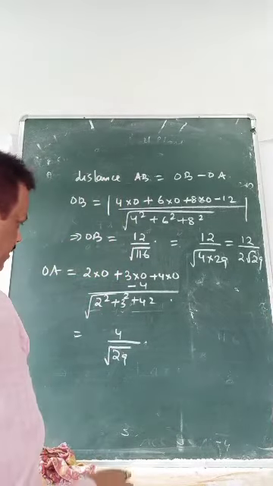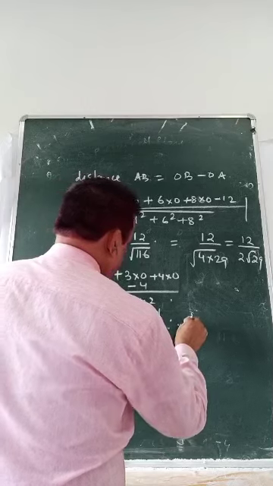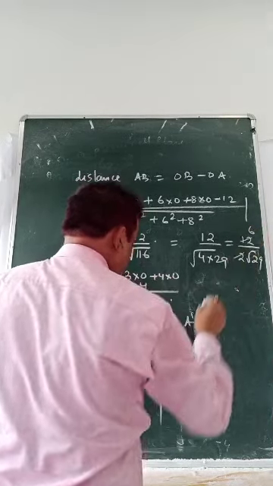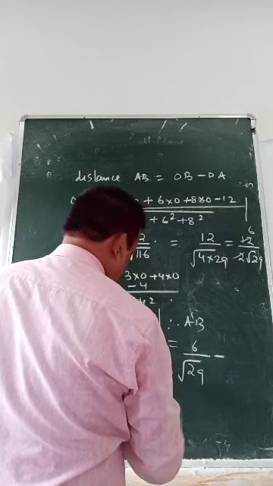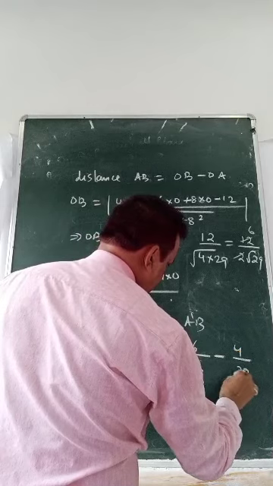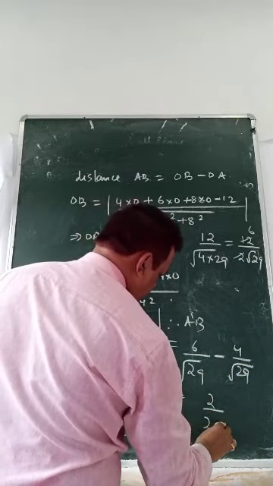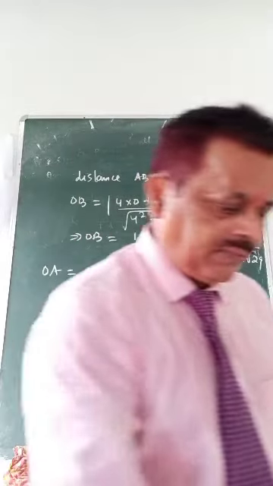Now if you simplify, therefore AB equals, if you cancel here, 6 by root 29 minus 4 by root 29. 6 minus 4 is 2 by root 29. That is the answer for it.